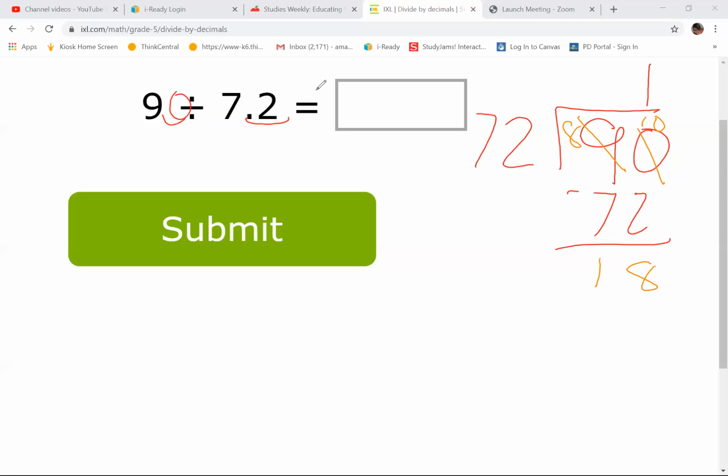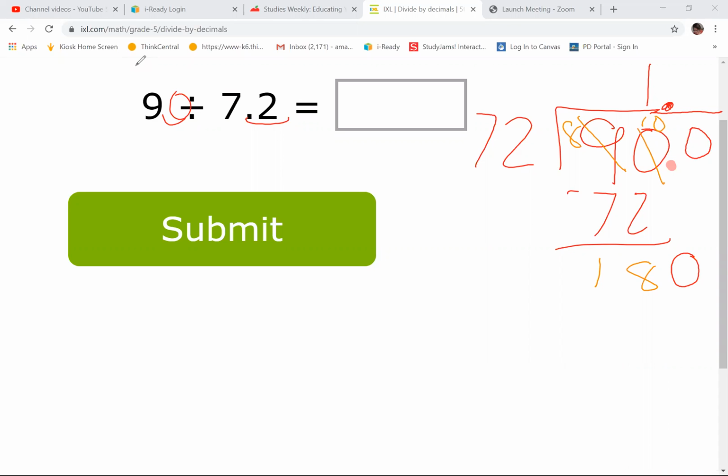Well, that's not going to work, is it? So I need to remember that there is a decimal right here at the end. So I'm going to add a 0, and then I'll bring that 0 down. Bring that 0 back up before I forget.